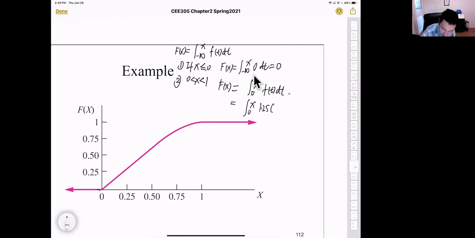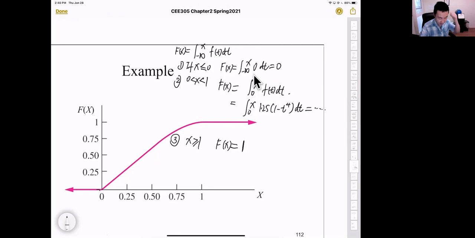Fx is the integral of t to the power of 4 dt. I just skip the remaining. Then, if x is larger than or equal to 1, Fx will equal 1.